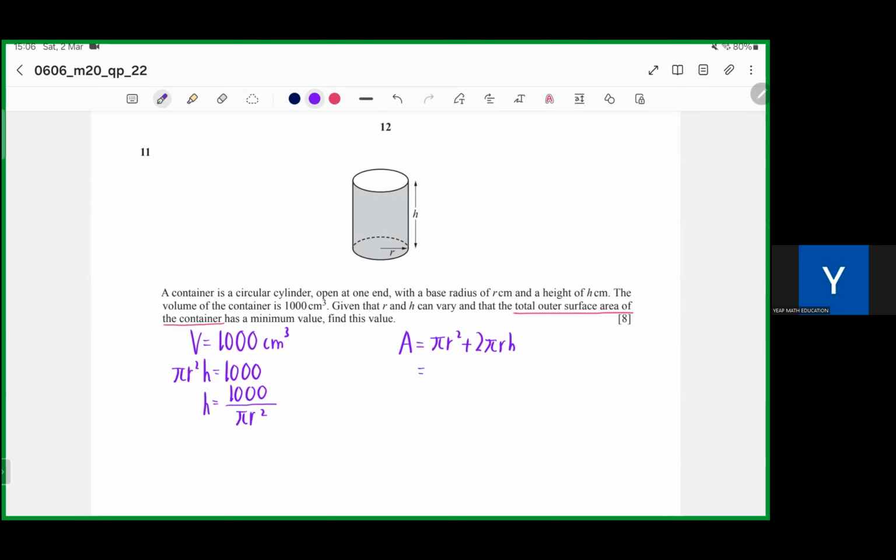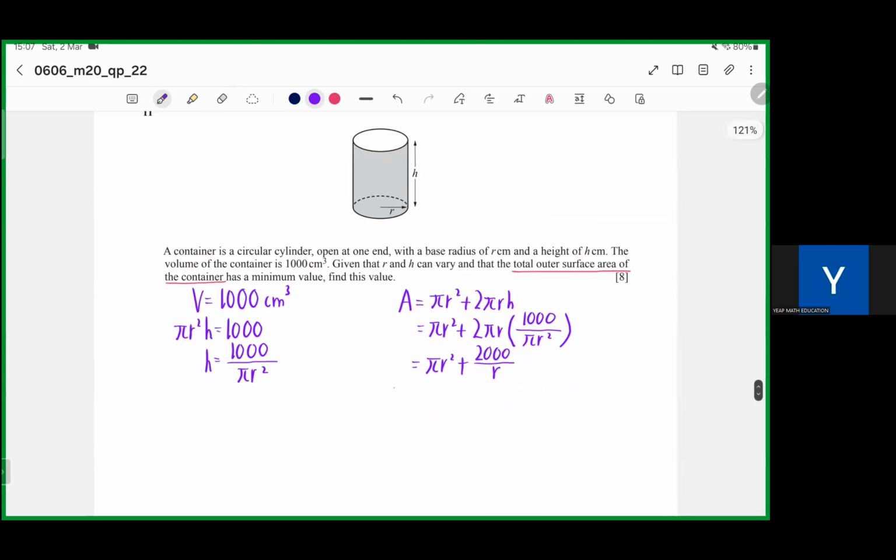But if you look at the equation, we cannot solve it, because we can differentiate it with one variable only. So pi r squared plus 2 pi r h, where h is 1000 over pi r squared. So here we get A equals pi r squared plus 2000 over r.